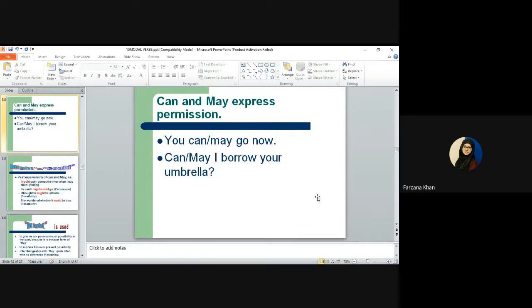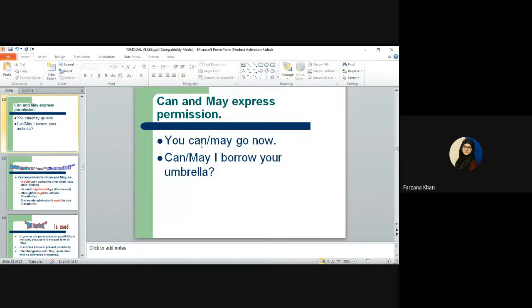Well, can and may basically express permission in a similar way, right? Can is used in an informal way and may is used in a proper formal way. In the first sentence, you can say, you can go now, right? When you're saying you can go now, it means you are giving permission to another person in an informal way.